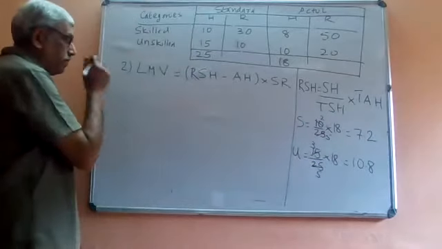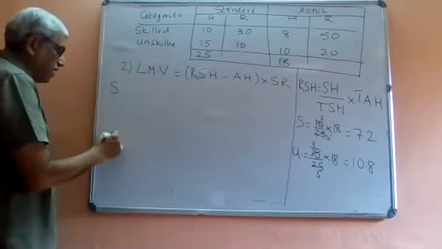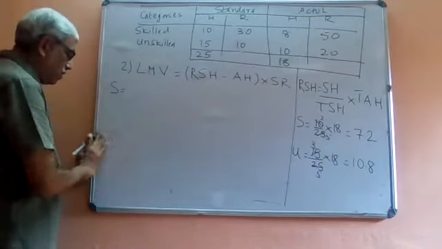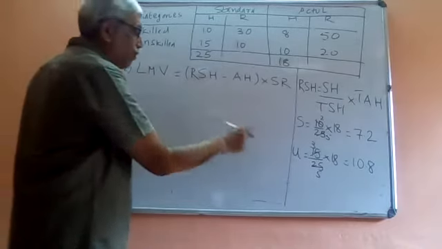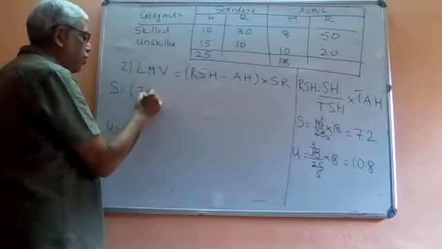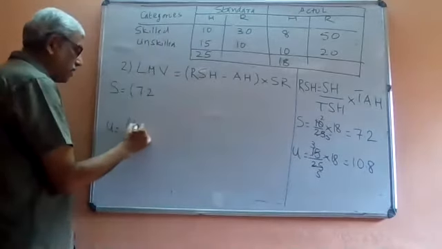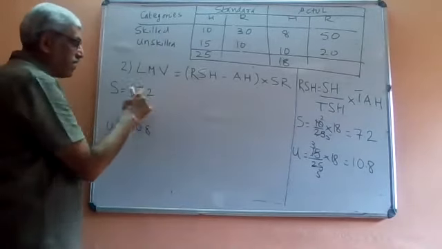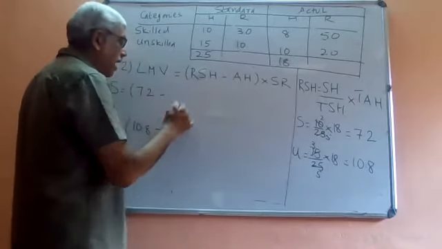Now let us calculate for skilled and for unskilled. The revised standard hour for skilled is 7.2 and for unskilled is 10.8. So first write revised standard hour minus actual hour.